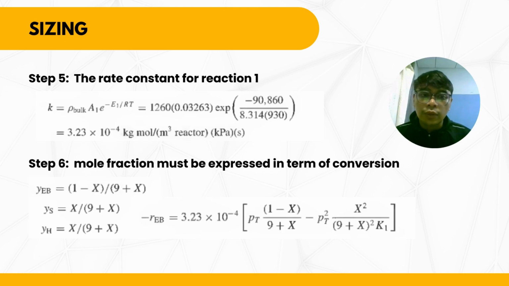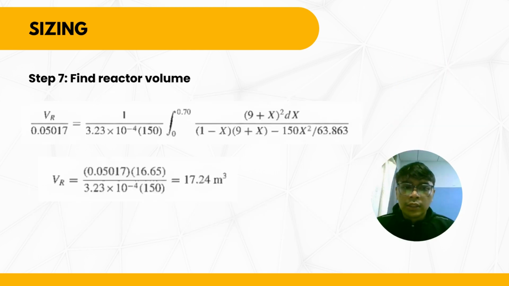With all the values we got, we can find the reactor volume, and we got VR as 17.24 meters cubed, and this is the example of sizing of a reactor in our case.